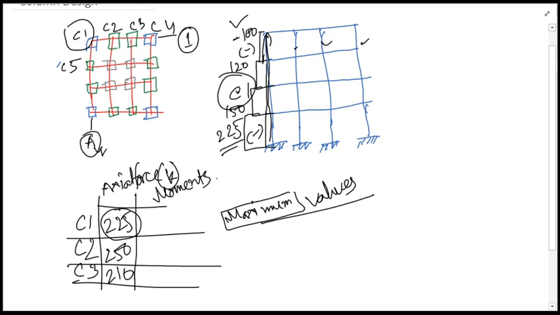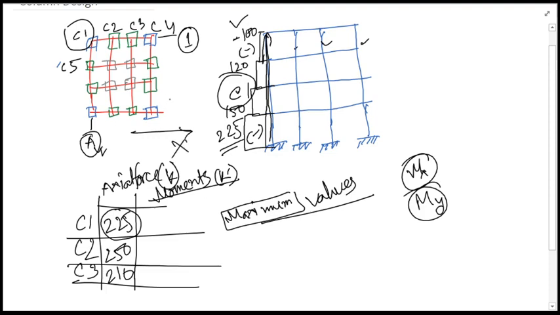We'll have to also sort out the bending moments as well. In this case, you will be getting two types of moments: one is the moment in the x direction and the other is the moment in the y direction. So from the very beginning, you will have to sort out which is the x-axis and which one is the y-axis. If you have sorted this out, then what is Mx and what is My? You need to find this out first.